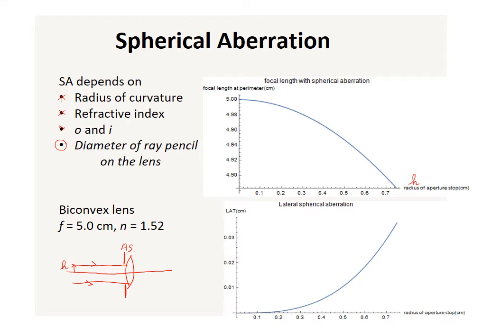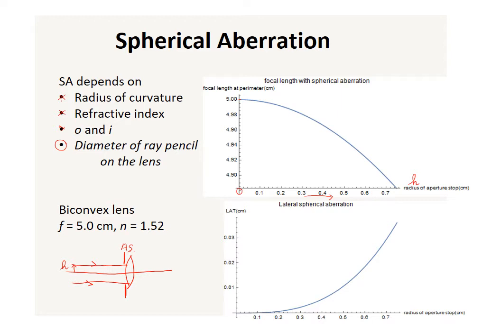When the aperture stop is closed right down, and only rays traveling along the axis can go through, then the effective focal length is 5 centimeters as predicted and as designed. However, as we get a larger and larger aperture opening, so we allow rays with a greater and greater H into the optical system, you can see that they experience a shorter and shorter focal length for this particular lens.